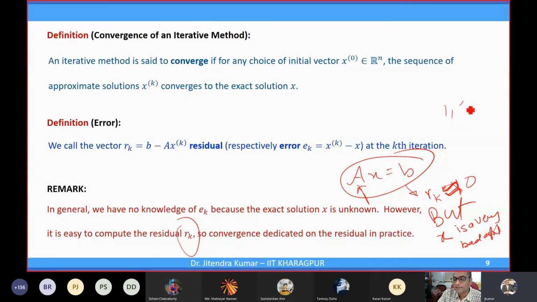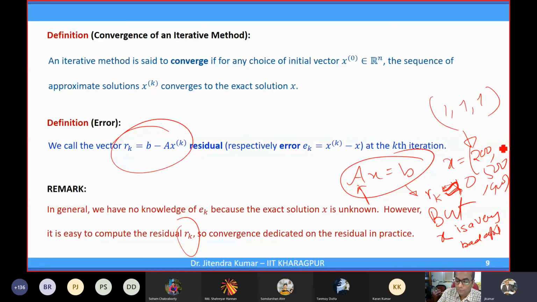Your solution was, let's say, 1, 1, 1, and your x is coming as large numbers, 200, 500, and 900, and your residual for these large numbers is also close to 0. So how can it happen?